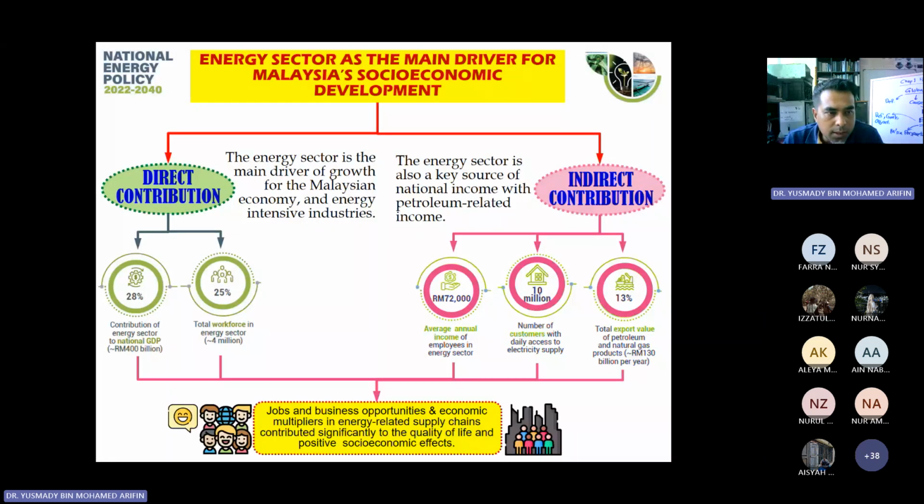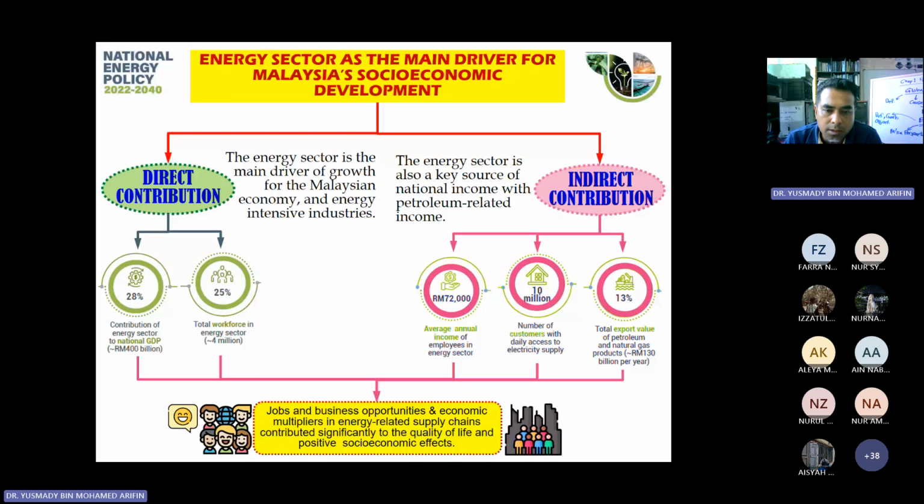Okay, so from the contributions, in terms of the main result of the policy, we will have jobs, business opportunities, and economic multipliers in energy related supply chains that contribute significantly to quality of life and positive socio-economic effects.